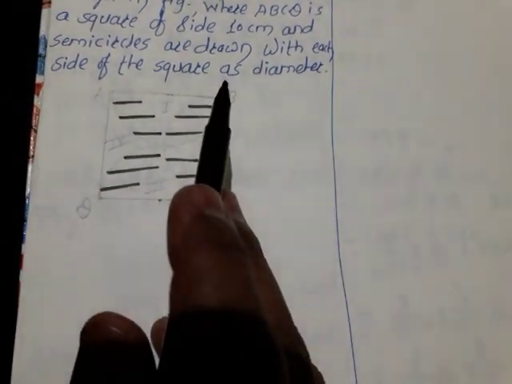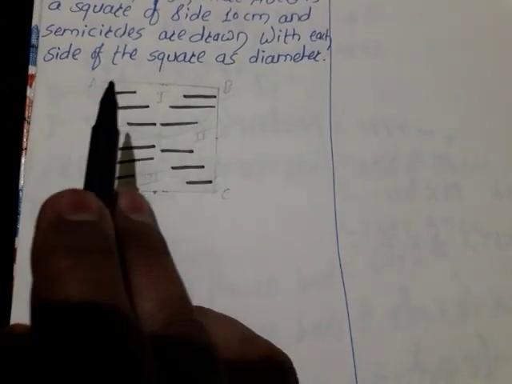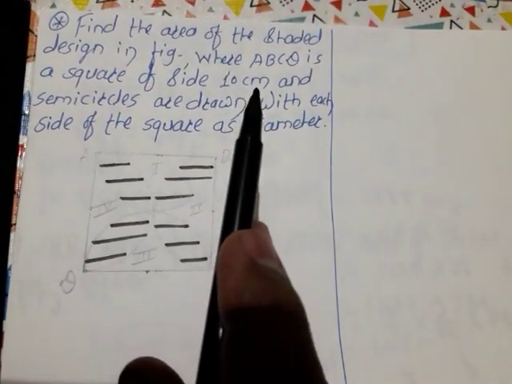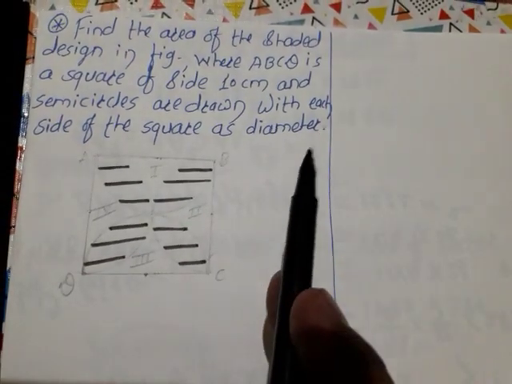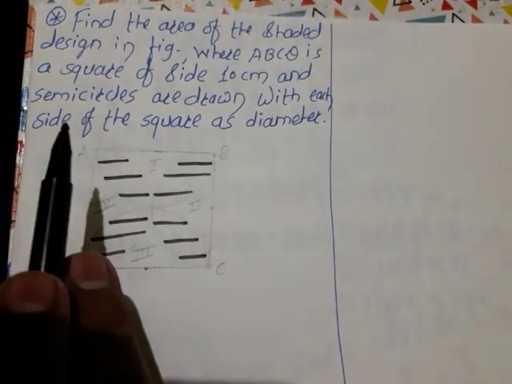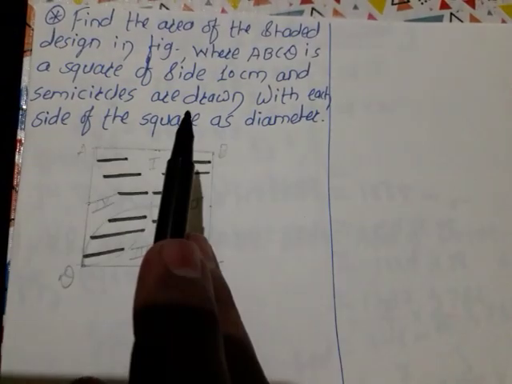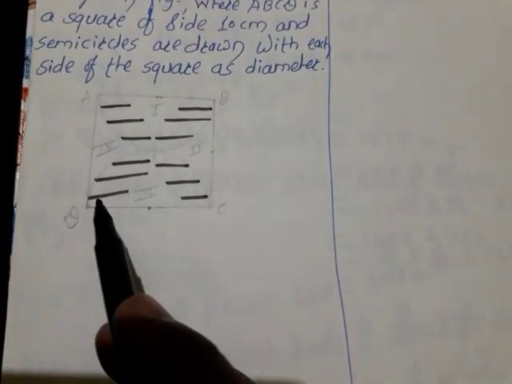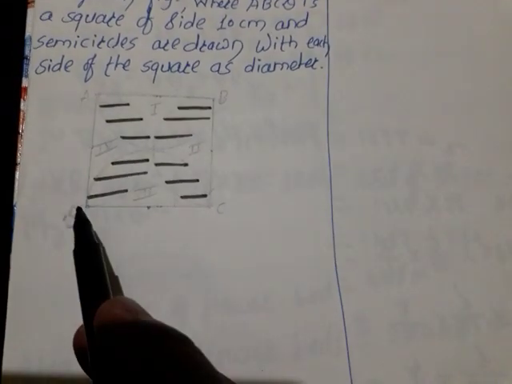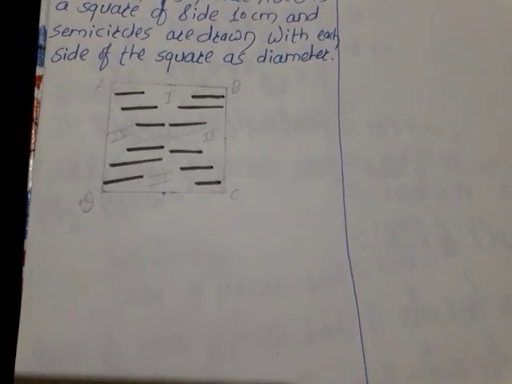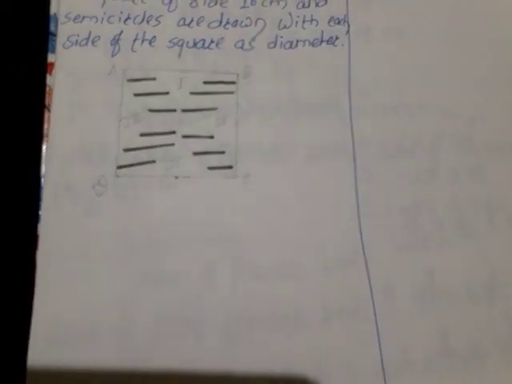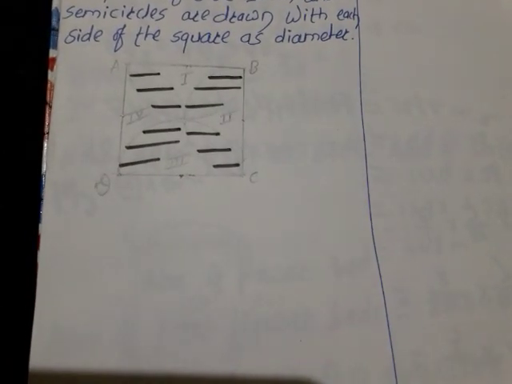Using each side of the square as diameter means what? The radius of this semicircle is already given, it is hidden in this information. How is it hidden? Read here: semicircles are drawn with each side of the square as diameter. This semicircle is drawn using diameter DC, or CD. So the length of this CD is nothing but the diameter of the semicircle.